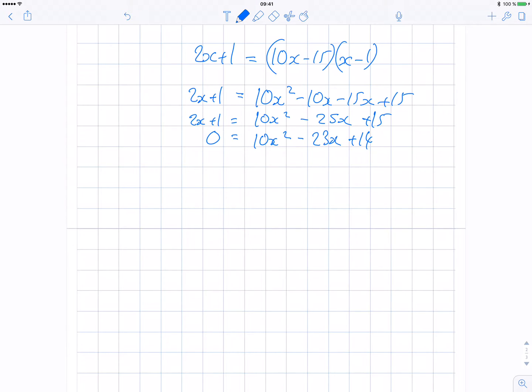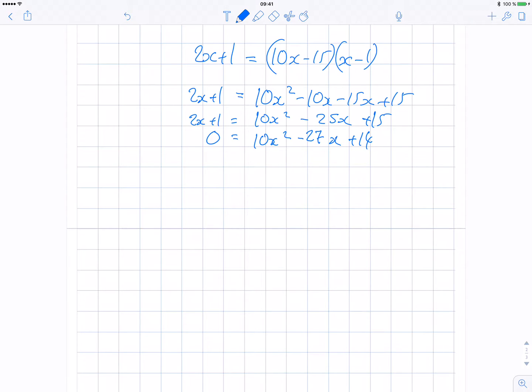Yeah, so I made a mistake somewhere. What's my mistake? Ah, I spotted it. How silly am I? It's this. 25x take away 2x is minus 27x. How stupid can I be?